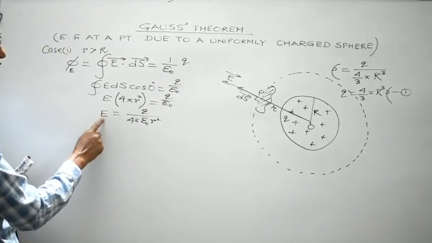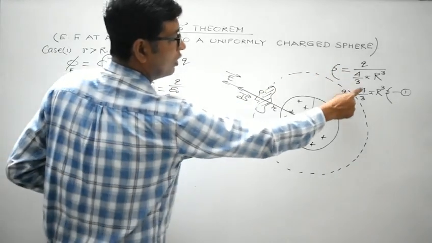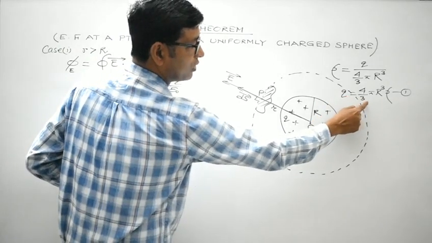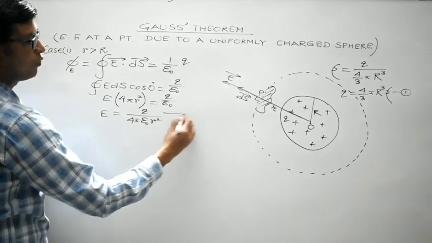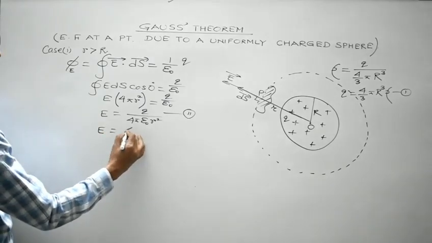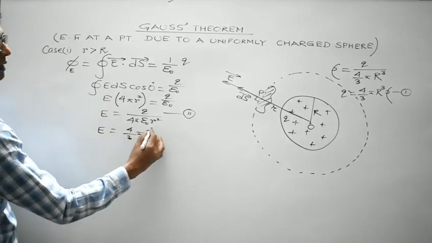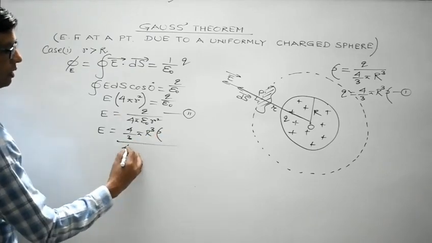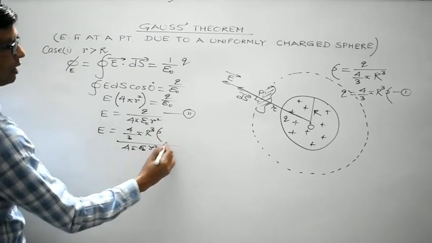Now let's find the expression for electric field in terms of rho. We simply need to substitute the value of Q from equation 1 in equation 2. So we get 4 by 3 pi capital R cube rho divided by 4 pi epsilon r square.